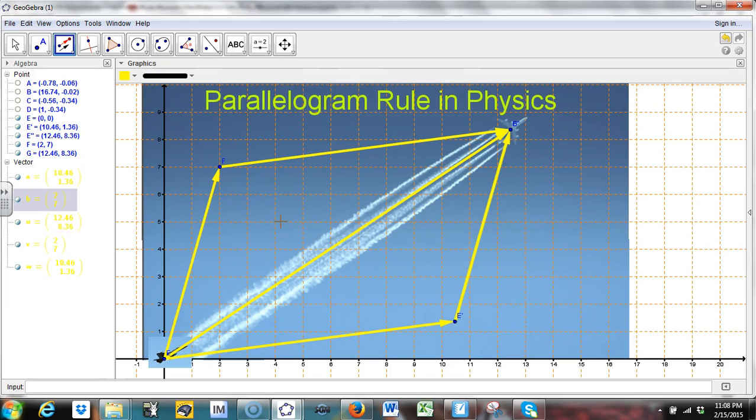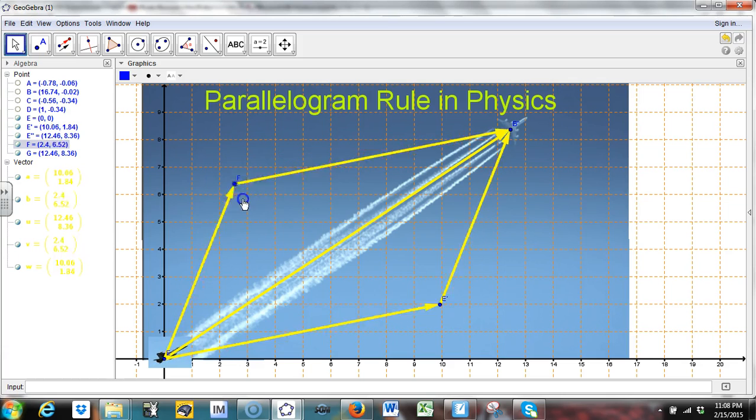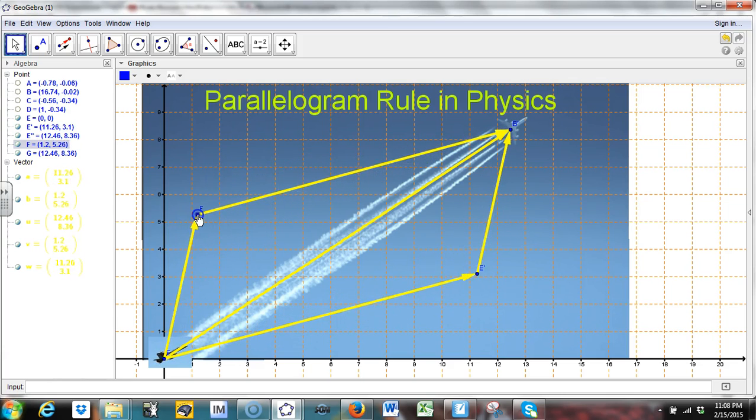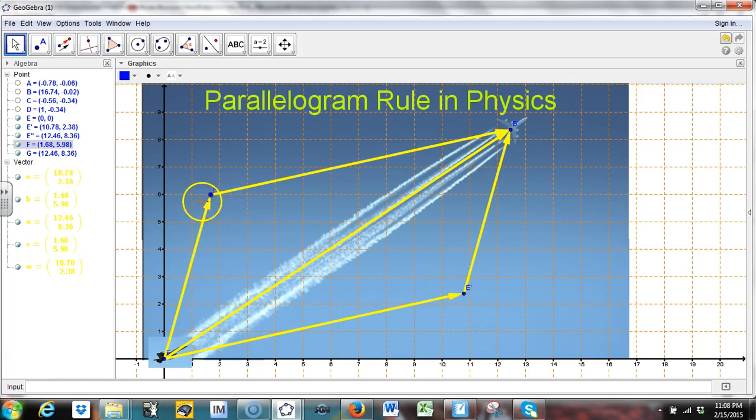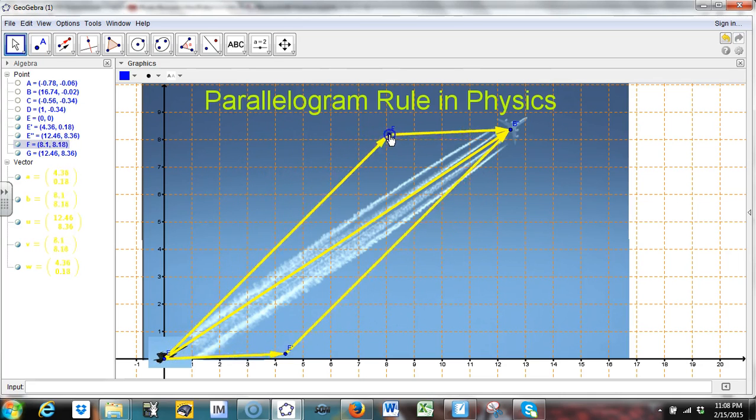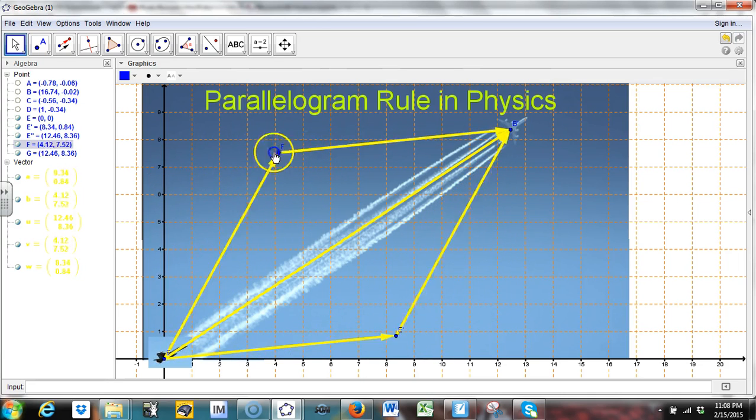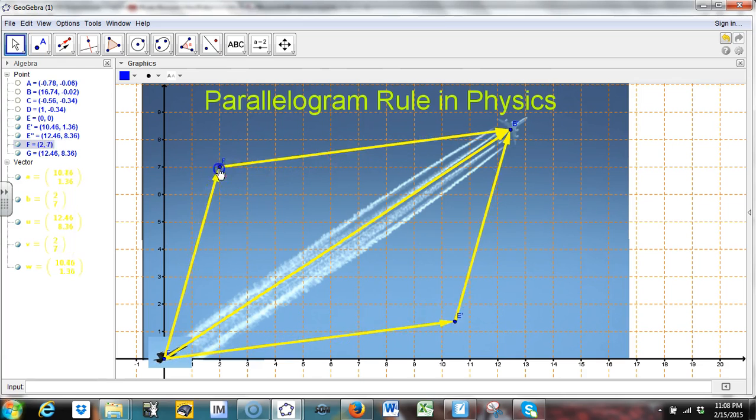It ends up in the same place. That's what's known as the parallelogram rule: when you add two vectors, two directions, it gets you to an ending place. It's what we call the resultant vector. It's a good example showing that if you take two different directions, it doesn't matter what order you do them in, because you'll end up in the same place. This is what's called the parallelogram rule.